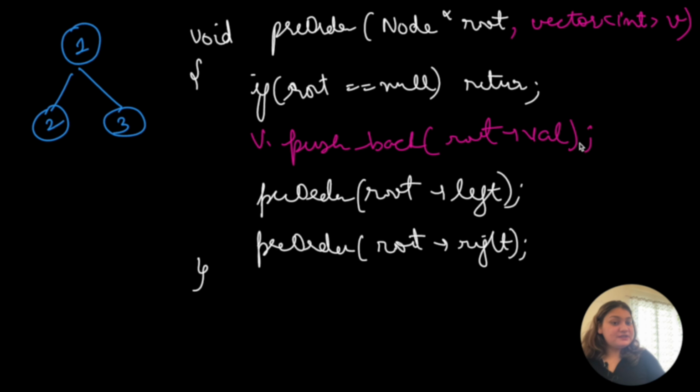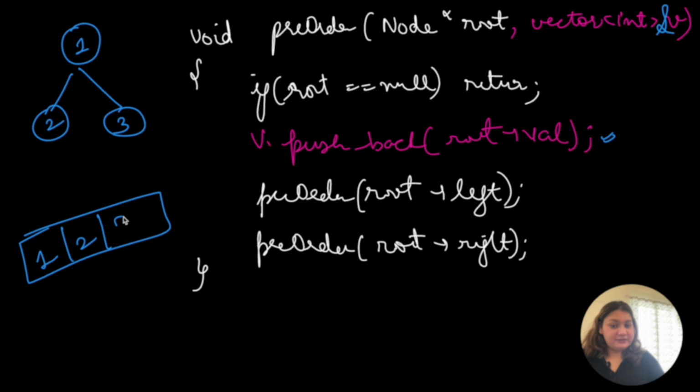The catch here is we have to pass this by reference. That means we write an ampersand before v. Why are we doing that? Because in each recursive call we just want to put the data in it. V should always keep incrementing in data, 1 then 2 then 3. It should not be that in each recursive call v becomes empty and starts again. That's why we are passing by reference.